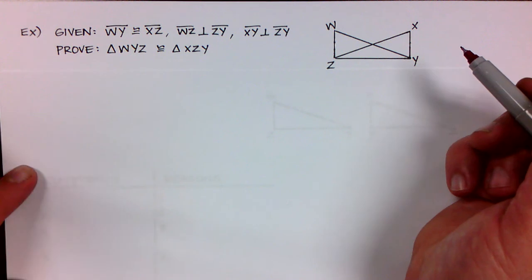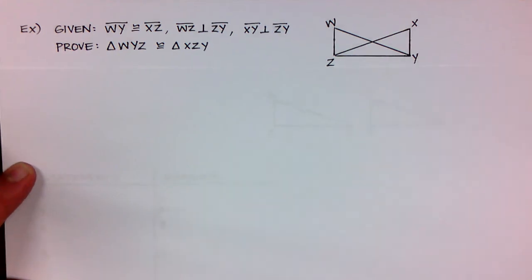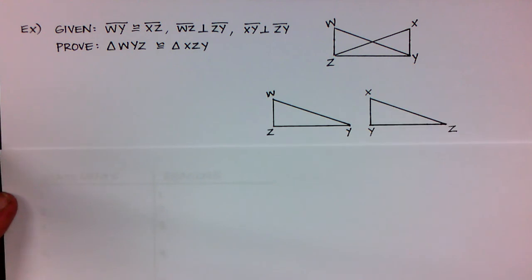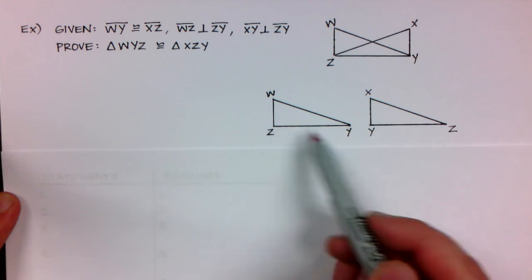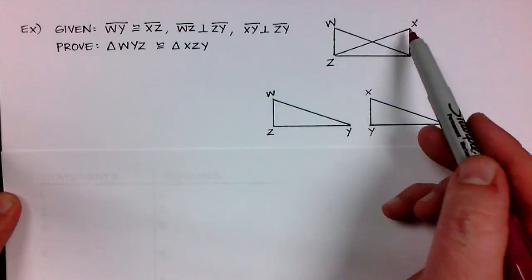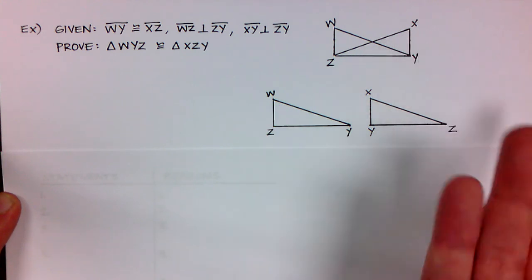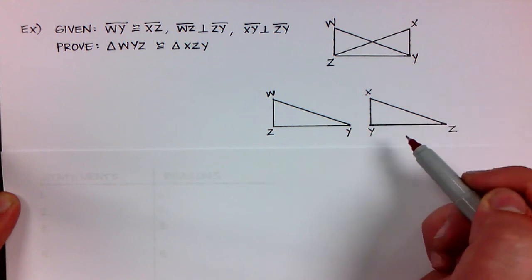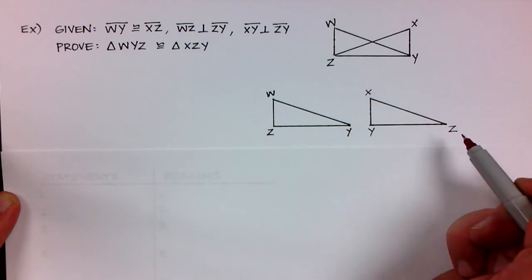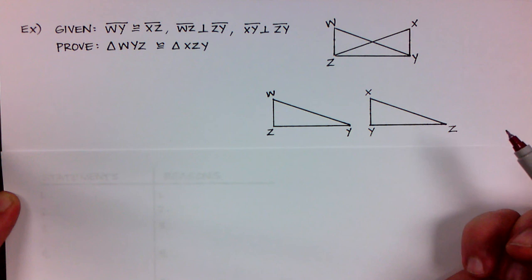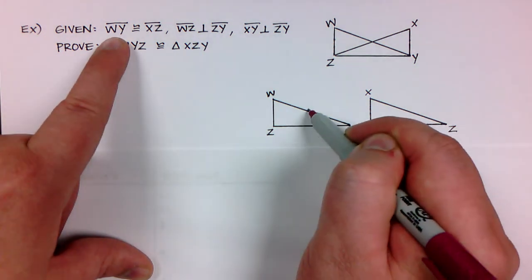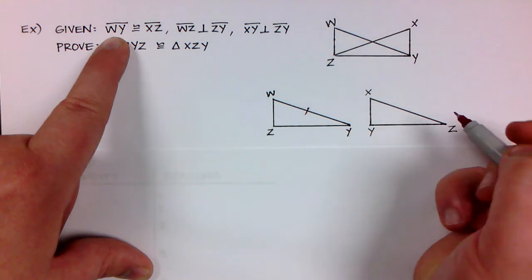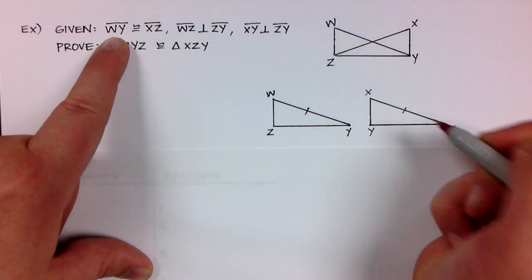So what I would say first in an example like this is to just redraw the picture so that they're not overlapping. So the triangle WYZ is going to look the same, but this other one up above, I'm just going to flip it over. I'm going to do a reflection, and I'm going to label those points. And so from what I'm told in the beginning, WY, this side right here, is congruent to XZ.